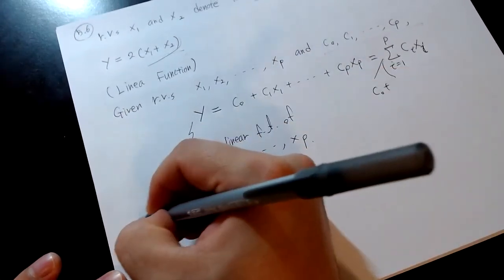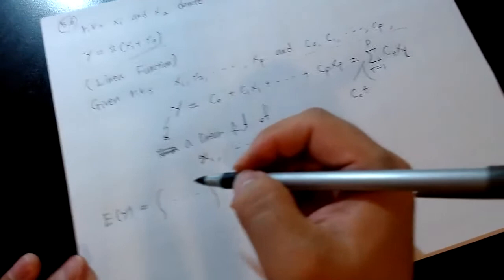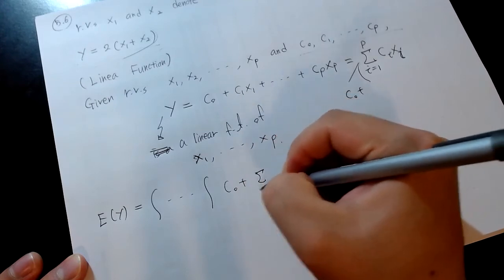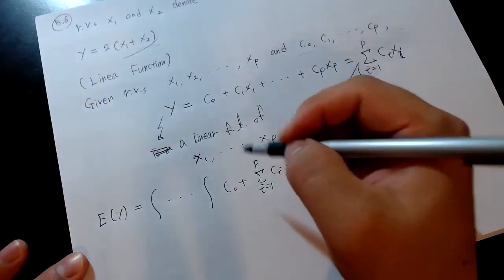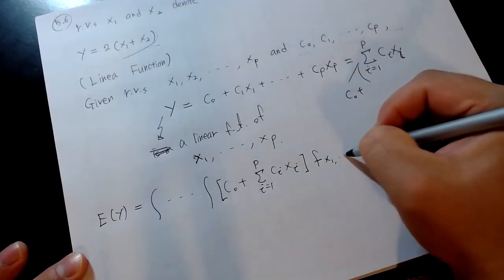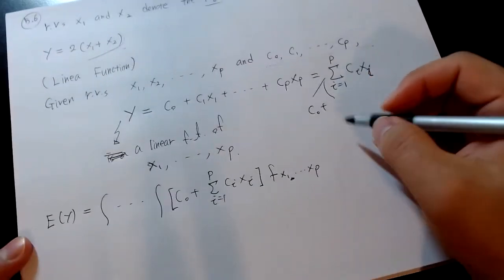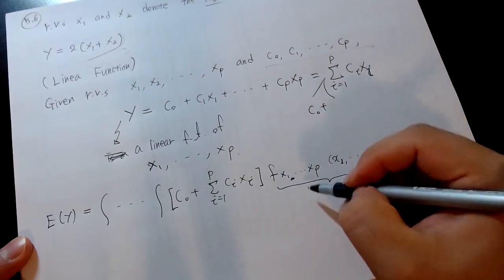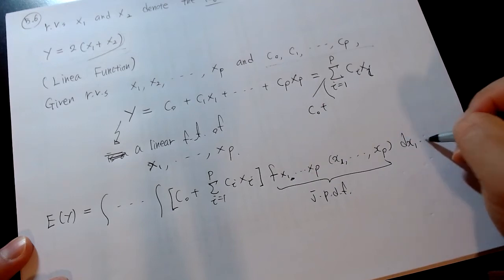So E of Y is the multiple integral of c0 plus the sum of ci Xi for i equals 1 through p, times the joint pdf f of x1 through xp, with dx1 through dxp.